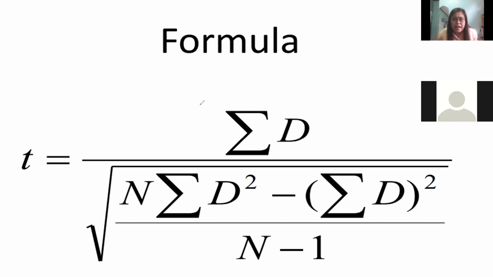So what do these letters in our formula mean? When you see this symbol, this is summation, meaning you have to add everything. You have to get the sum.